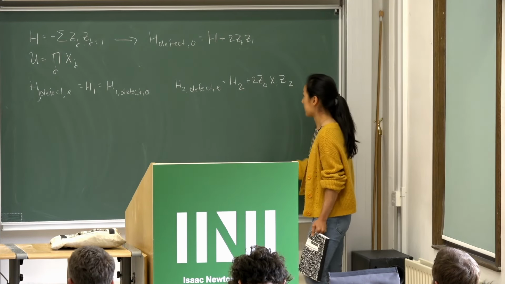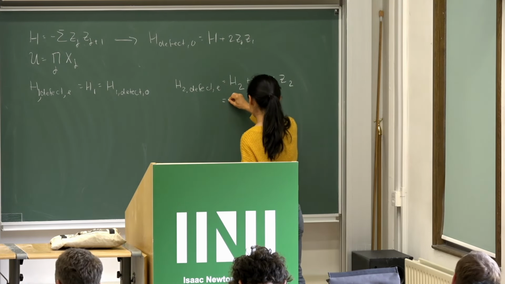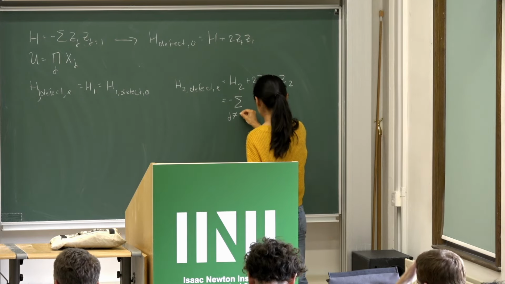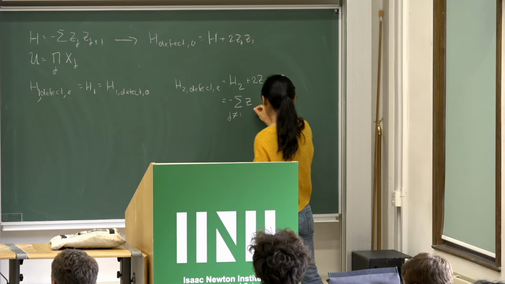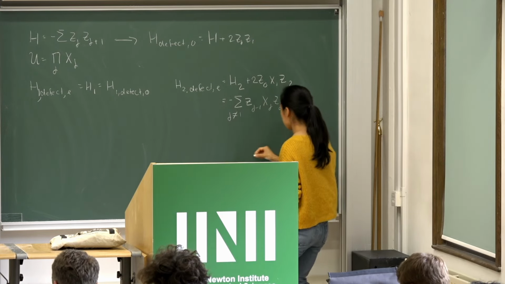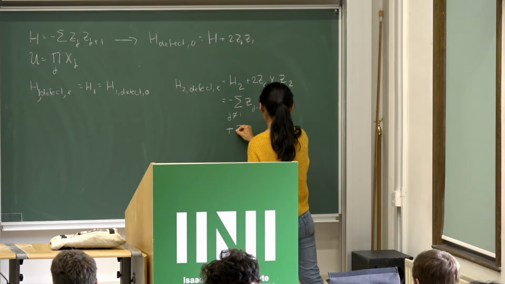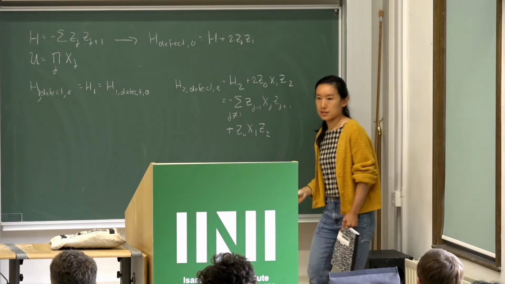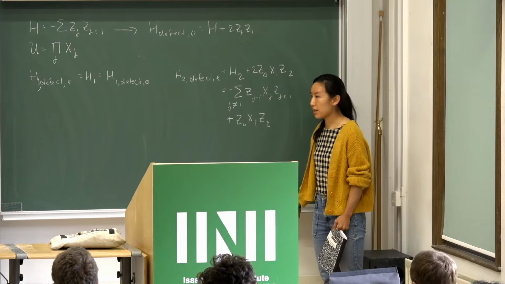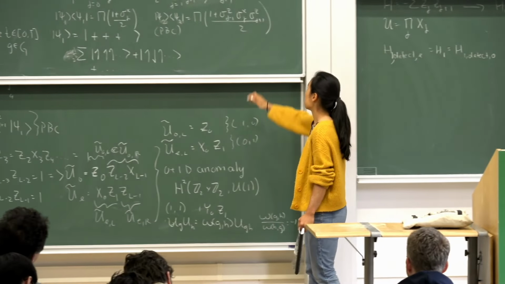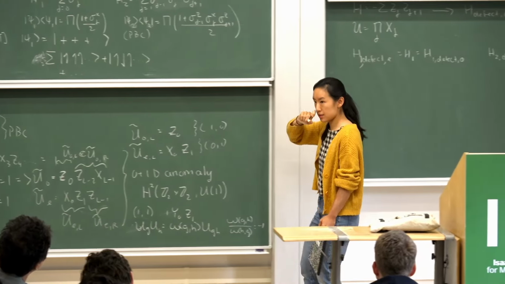So what this looks like is the sum over j not equal to 1 of Z_{j-1} X_j Z_{j+1}, plus Z_0 X_1 Z_2. Now you can look at the ground state projector, as we wrote here on periodic boundary conditions.